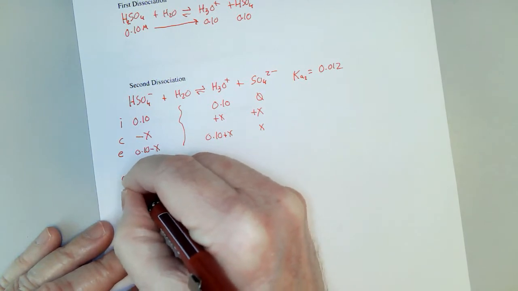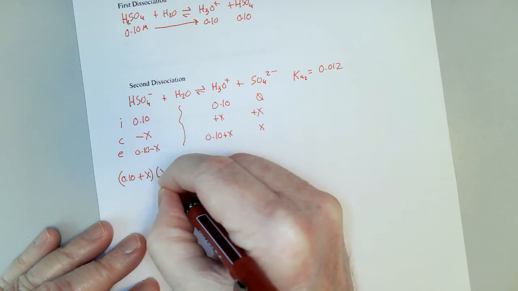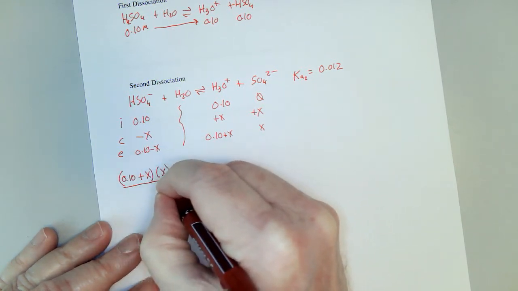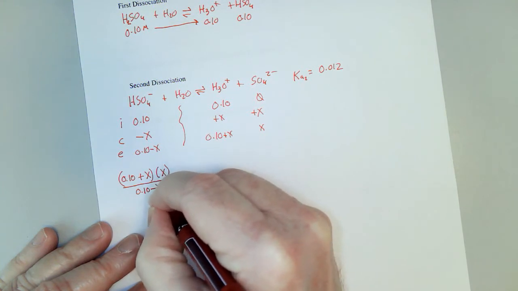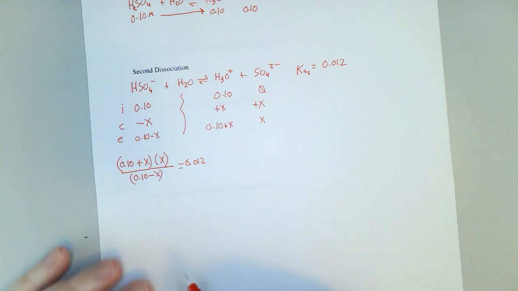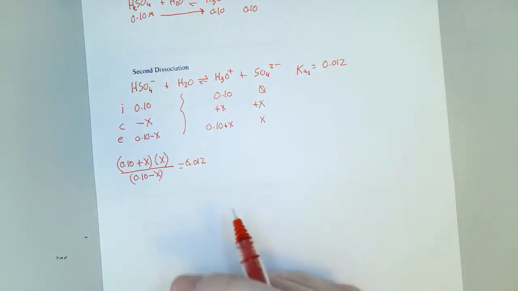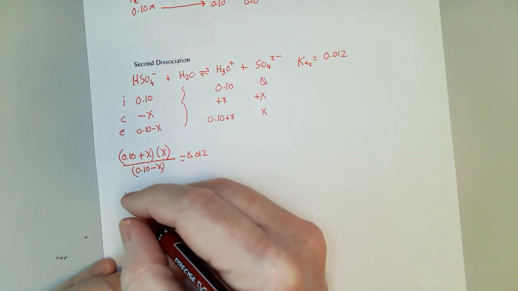I have 0.10 plus x multiplied by x divided by 0.10 minus x equal to 0.012. And that is not something that I can approximate. So I am going to end up with the quadratic equation.